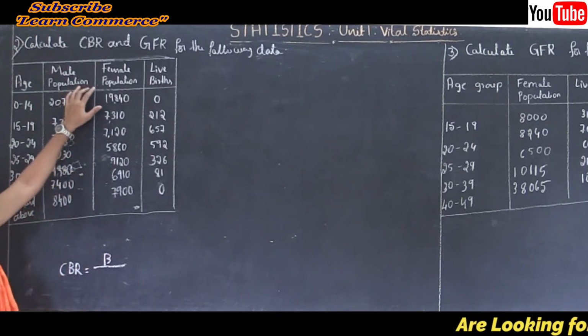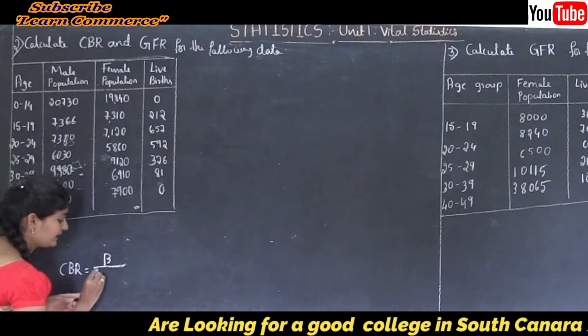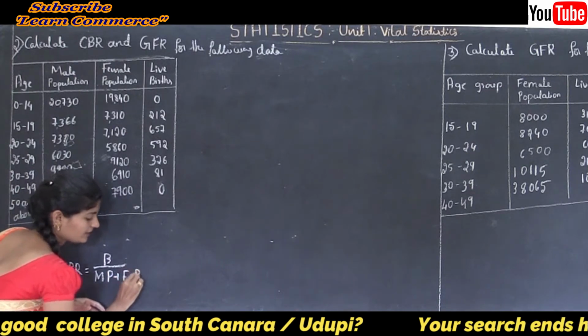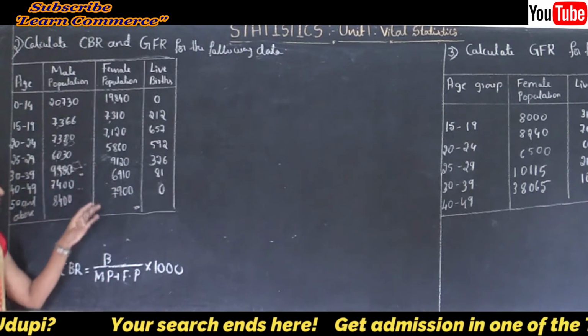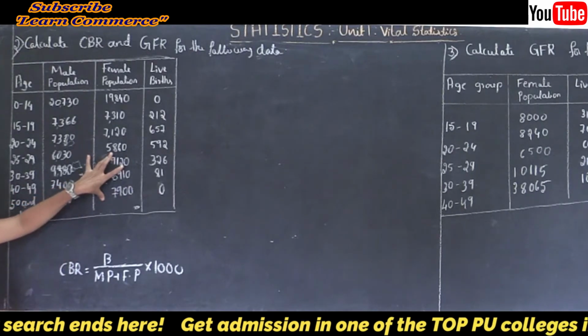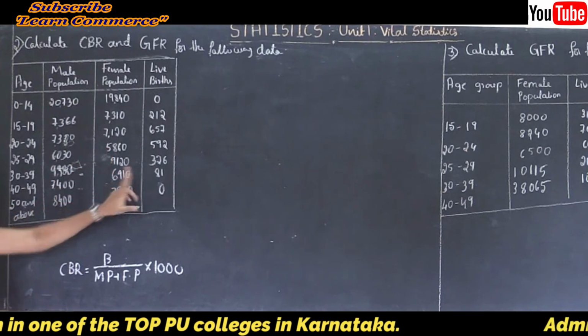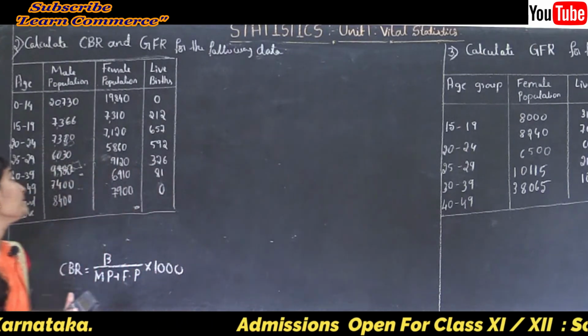Here male population and female population are given, so I will write male population plus female population into 1000. From this observation we need to calculate the total male population, total female population and total live births. First I will calculate the total male population.